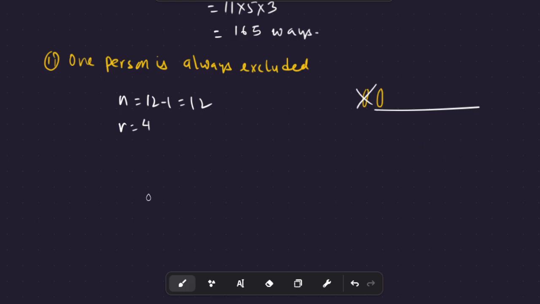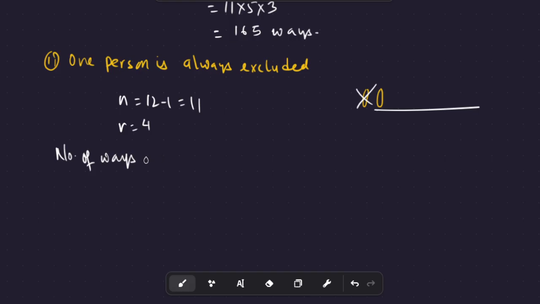Now we need to find out the total number of combinations from here. The total number of people is n, that is 12, and number of people that should be selected is 4. It should be 11, not 12. Now what will be the total number of combinations then?